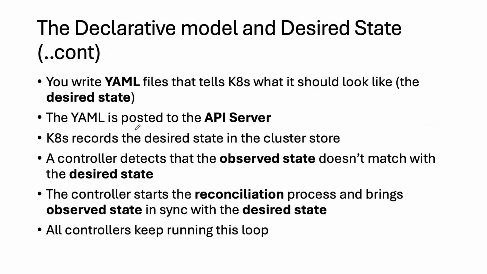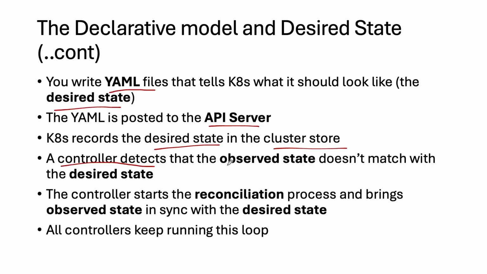The way the process works is that we are going to write a YAML file and define what the desired state should look like. The YAML is then posted to the API server. From there, as I mentioned earlier, the desired state is recorded in the cluster store. It's persisted there. From there, a relevant controller is going to get notified about the change in desired state.